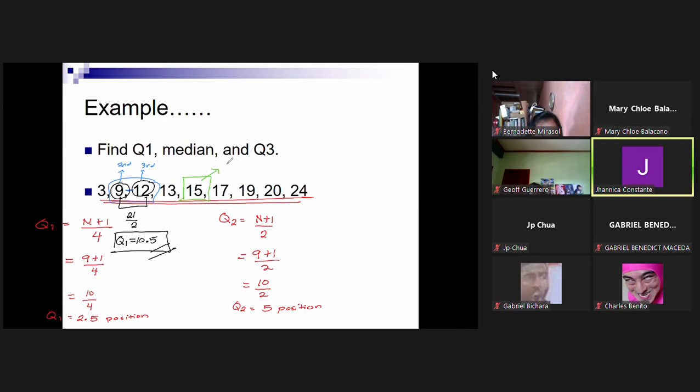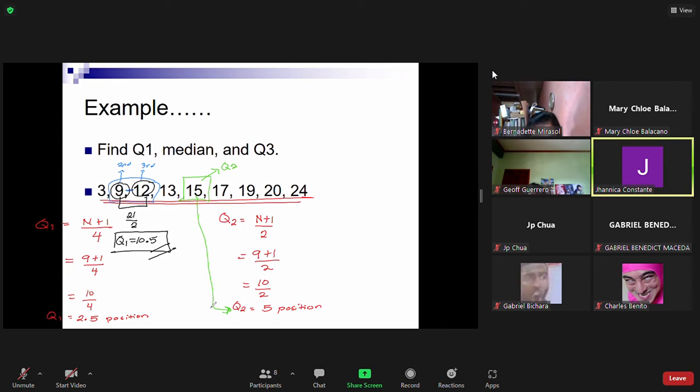So 15 is our quartile 2 or our median, since 15 is in the fifth position in our set of data. Okay? So that's how we solve for quartile 2 and quartile 1.